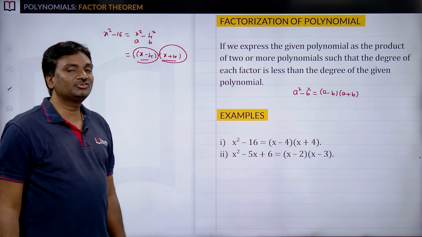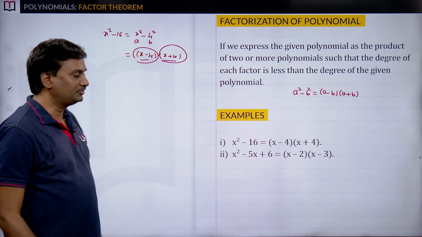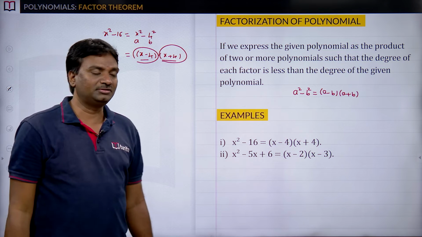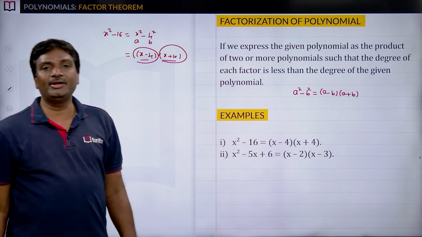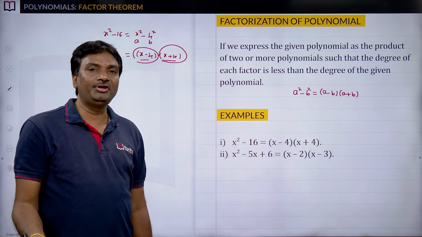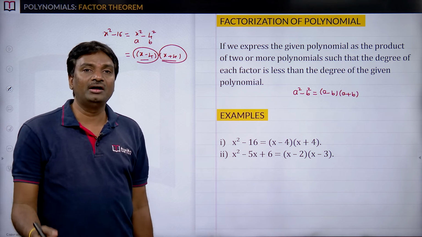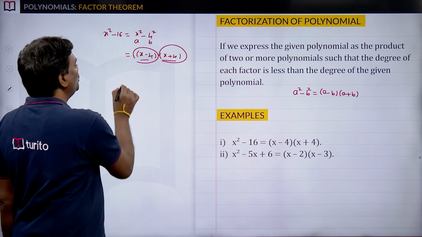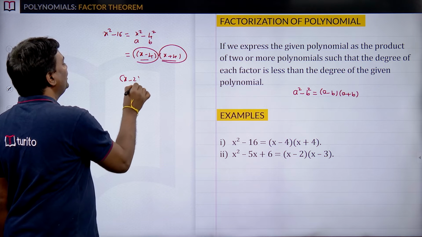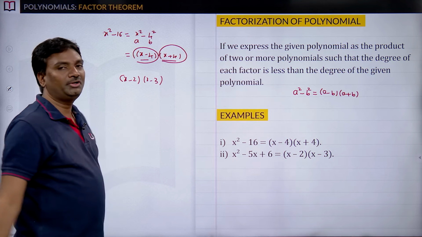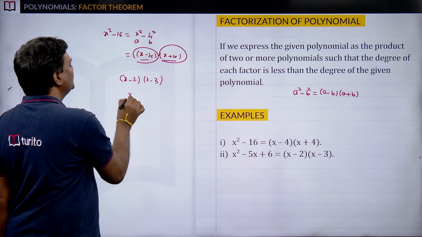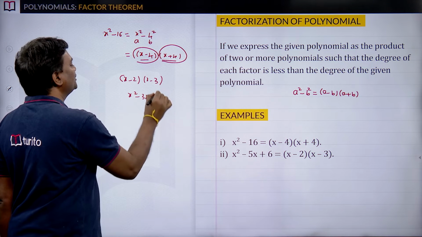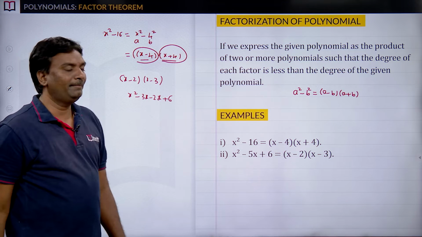Next, if we take x square minus 5x plus 6, clearly this is a quadratic polynomial. We know how to express it as the product of two linear polynomials. If you take the RHS, x minus 2 into x minus 3: x into x is x square, x into minus 3 is minus 3x, minus 2 into x is minus 2x, minus 2 into minus 3 is plus 6.